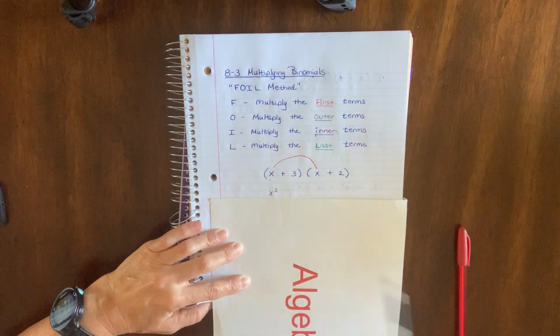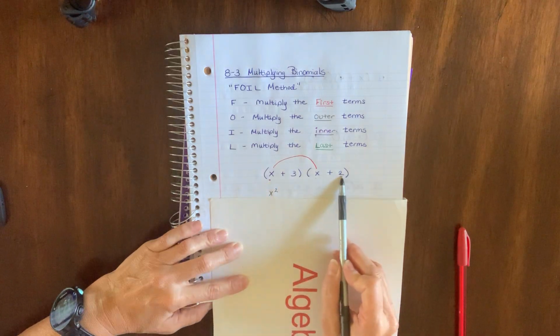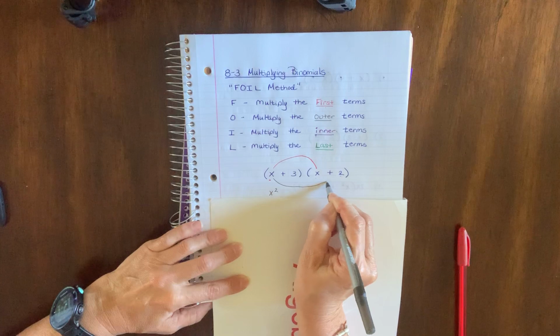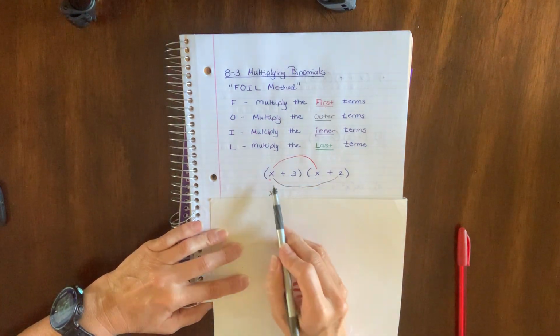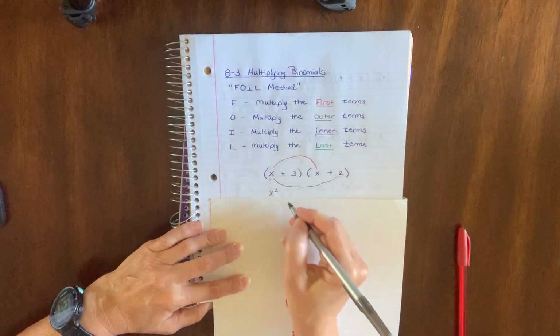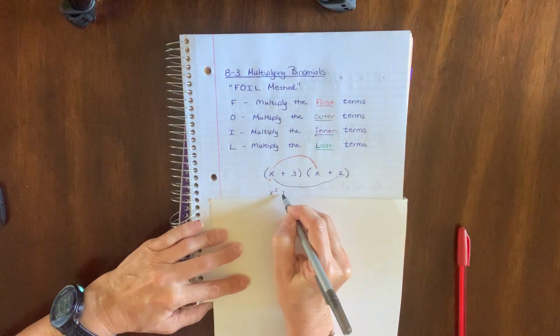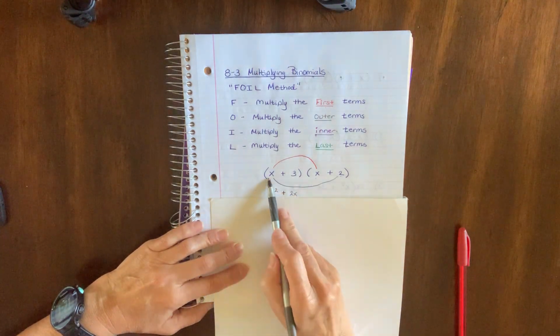The outer terms are this x and this 2. And I'm going to make my arc down here this time. If I multiply x times 2, I get 2x. Now notice those are both positive, so I'm going to keep an addition sign there when I write down the result of x times 2.